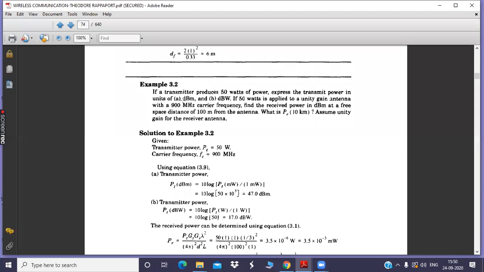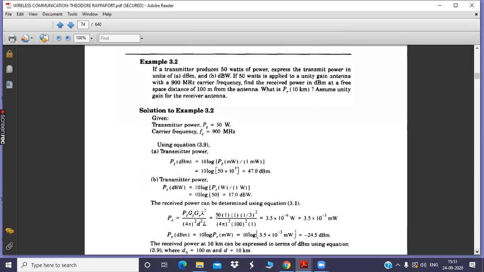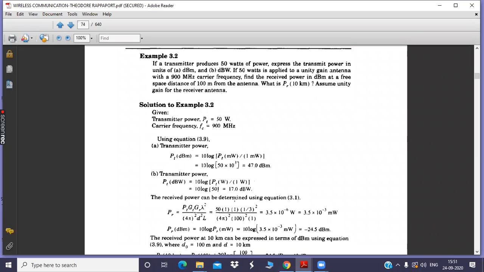Only then we will be able to find the received power at 10 kilometer, because 10 kilometers is sufficiently far from 100 meter. So to find the received power at 100 meter, we are going to make use of the Friis free space equation. So directly by using that Friis free space equation, we will be able to find the received power at 100 meter.